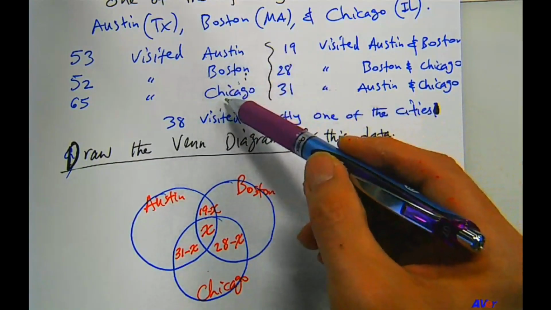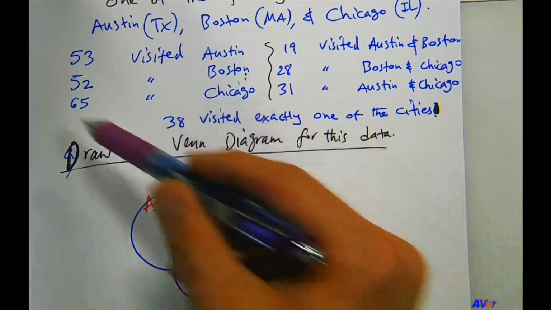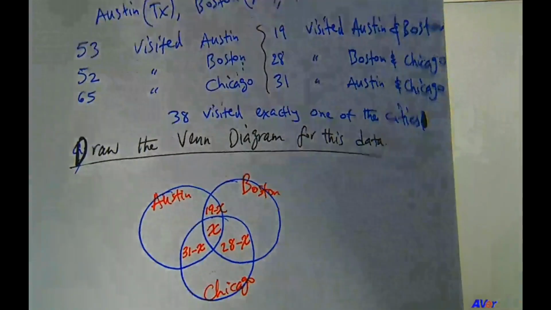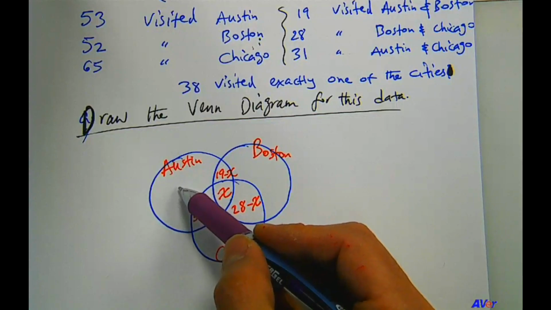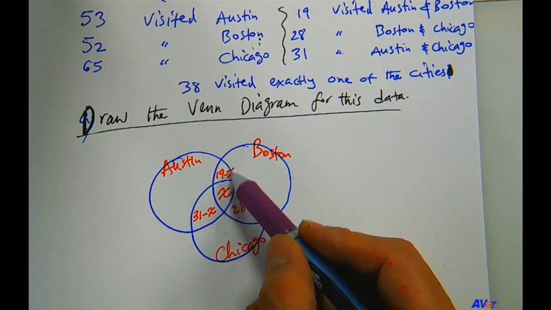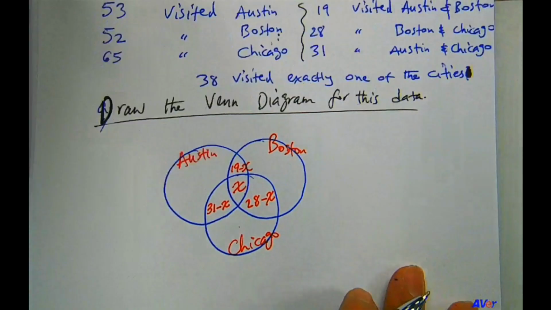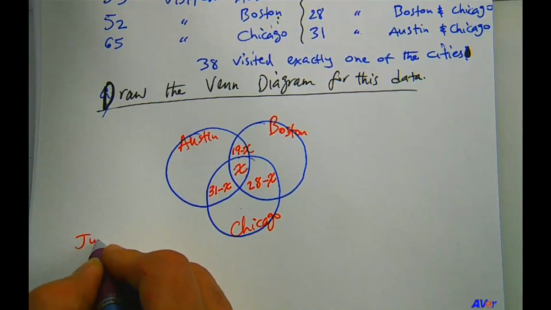Then for Chicago, we've been told that 65 people visited Chicago. So let's calculate what that number should be. We know that it would depend on X because that's affecting everything else. So let's keep most of it on the screen.